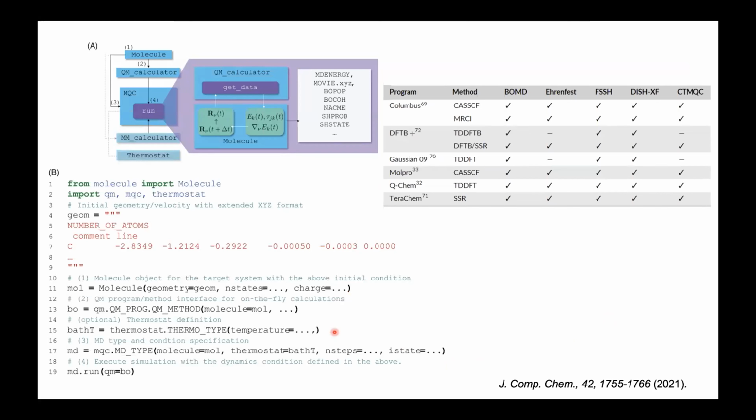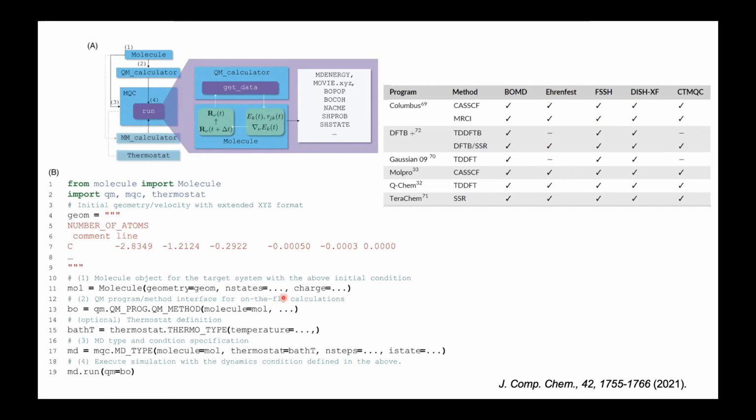This is a simple input to run the dynamics. We have to define the molecule and the quantum chemistry calculation. If you want to deal with a thermostat, then we define the thermostat, and then just one line for the dynamics. With this simple input, you can run the dynamics.